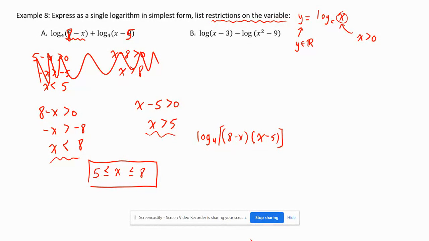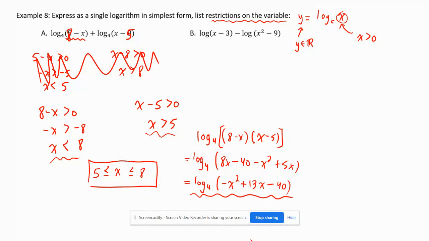So we're allowed to multiply those guys, and I'm just going to expand this out. So this will be my answer in simplest form over here, and this is the restriction for this question here.